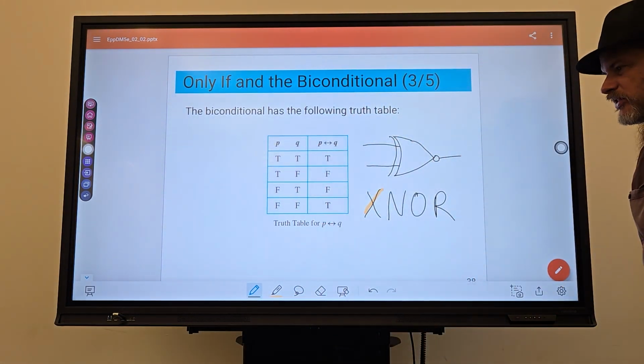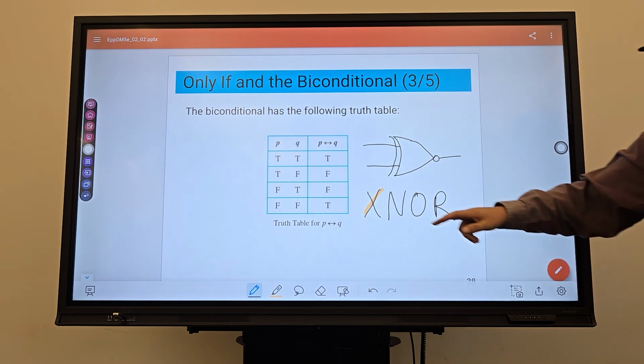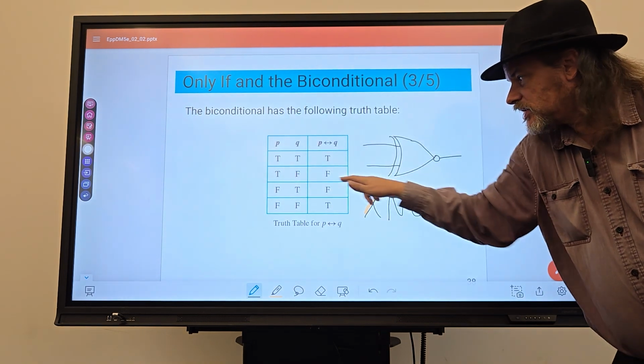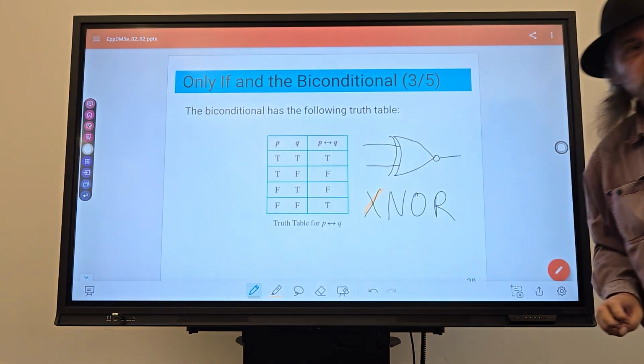It's a gate to determine equivalence between two signals. It has the same truth table. If both of them are the same, it's true. If they're different, they're false. Even if they're both false, they're true.